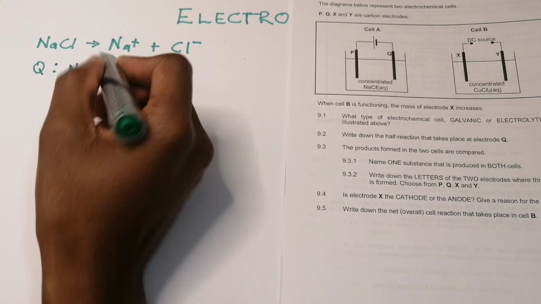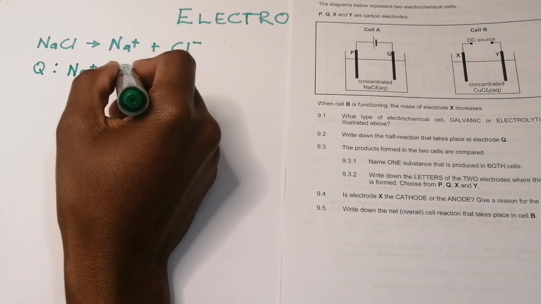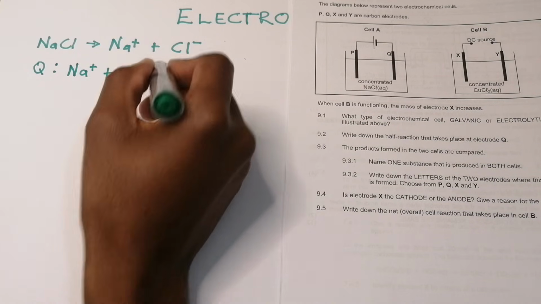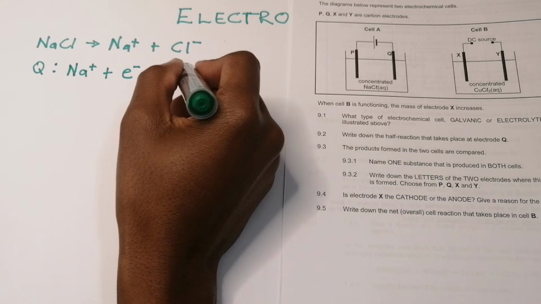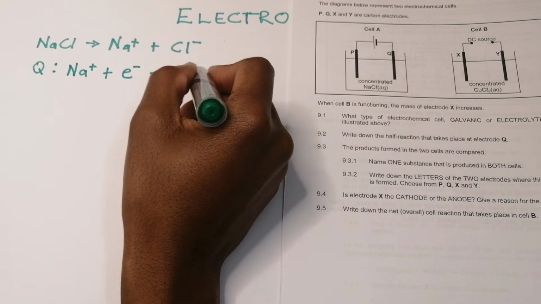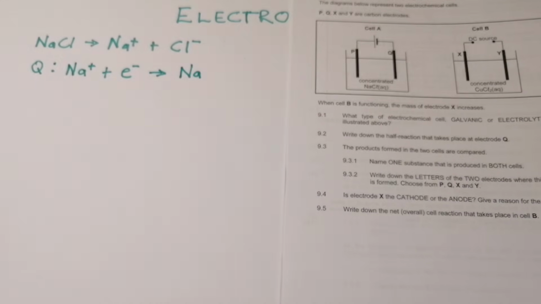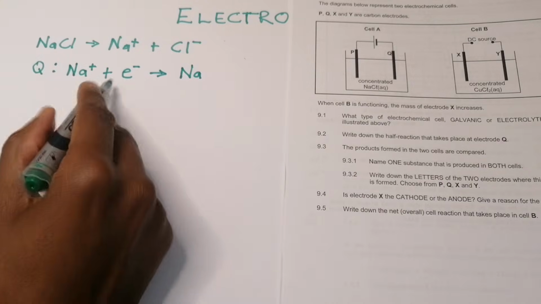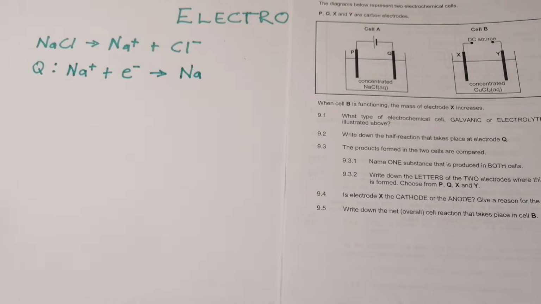Na+ would therefore receive electrons and turn into Na. So the reaction that takes place there is reduction, the gain of electrons.